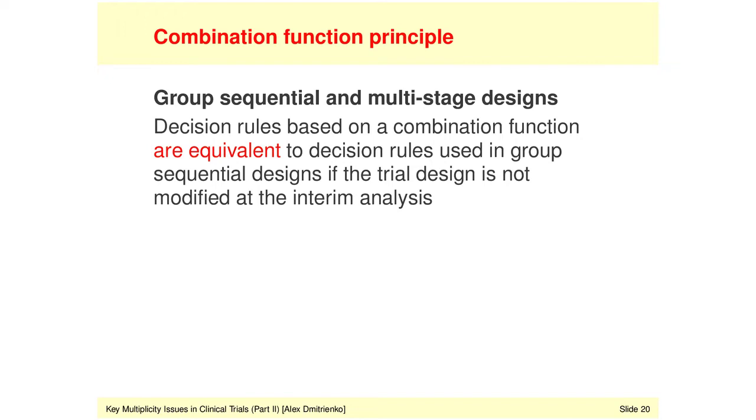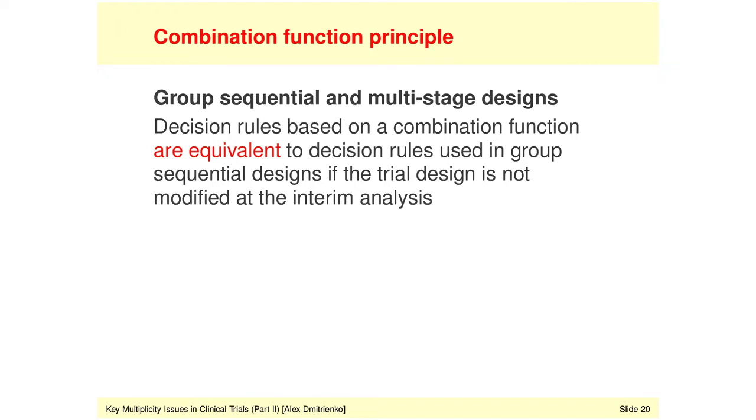So we know that multi-stage designs are a simple extension of group sequential designs, and if we are not planning to update the trial's design, and we are only interested in basic decision rules that support early stopping due to superior efficacy or lack of efficacy, then the two approaches are equivalent to each other.